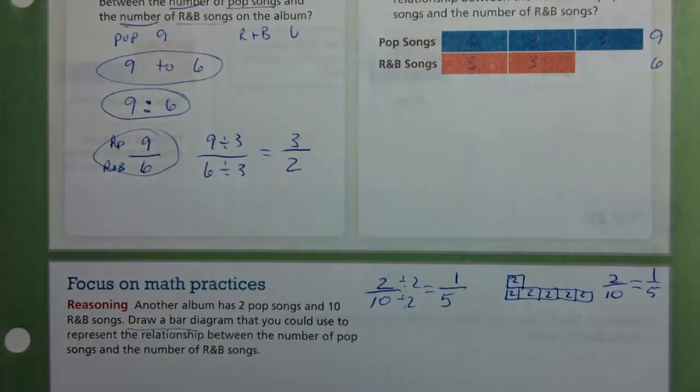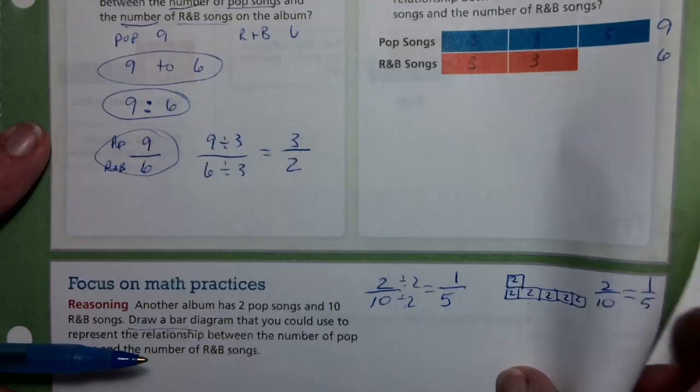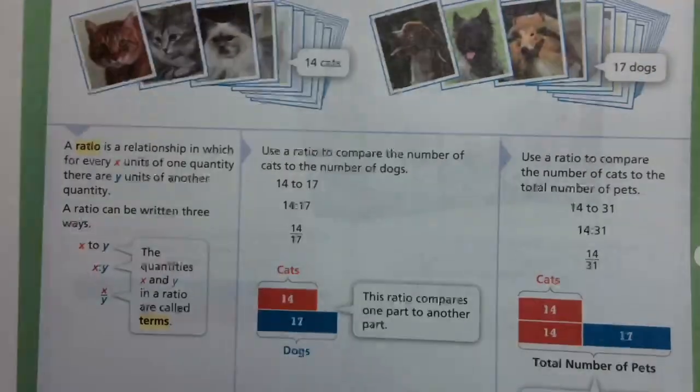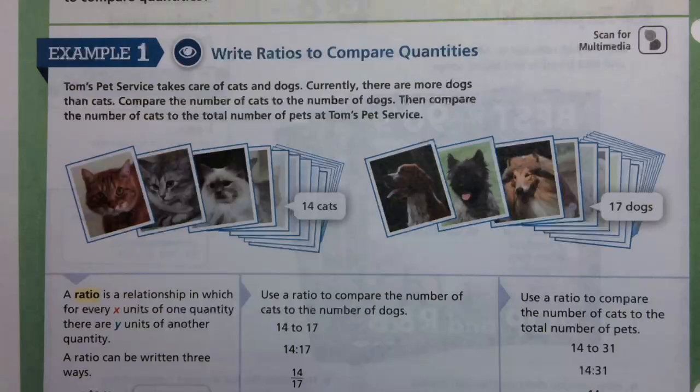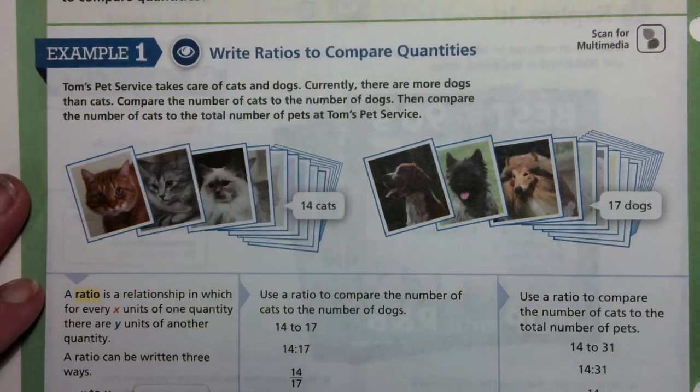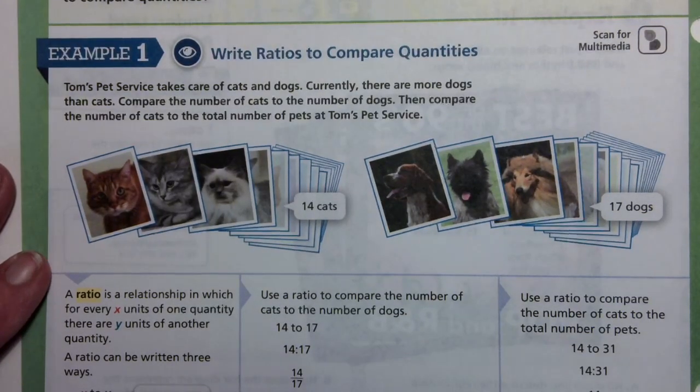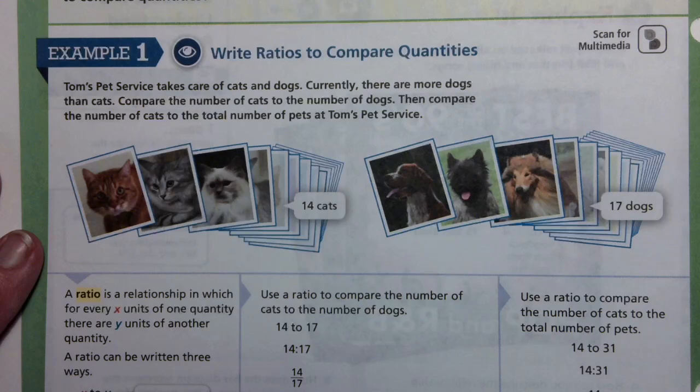Okay, let's go look at example 1. We're going to learn to write ratios, and we did this on the last problem also. Tom's Pet Service takes care of cats and dogs. Currently there are more dogs than cats.